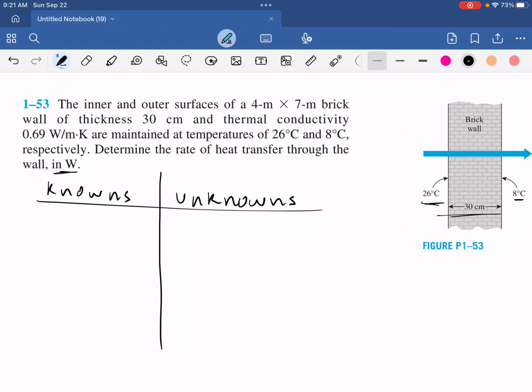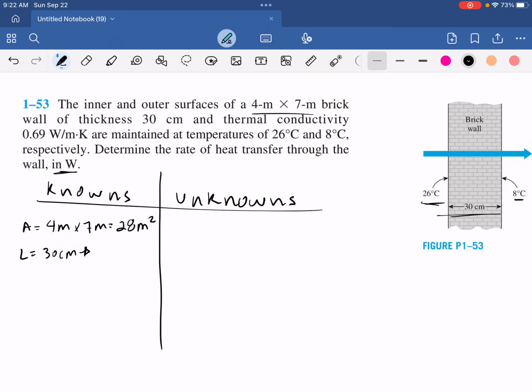So let's get started. First thing that we're given is this 4 meter by 7 meter. I already know that that's going to give me my area, so I'm just going to write area is equal to 4 meters by 7 meters, which is 28 meters squared. The thickness, or L in this case, is going to be 30 centimeters, but I want that in meters.